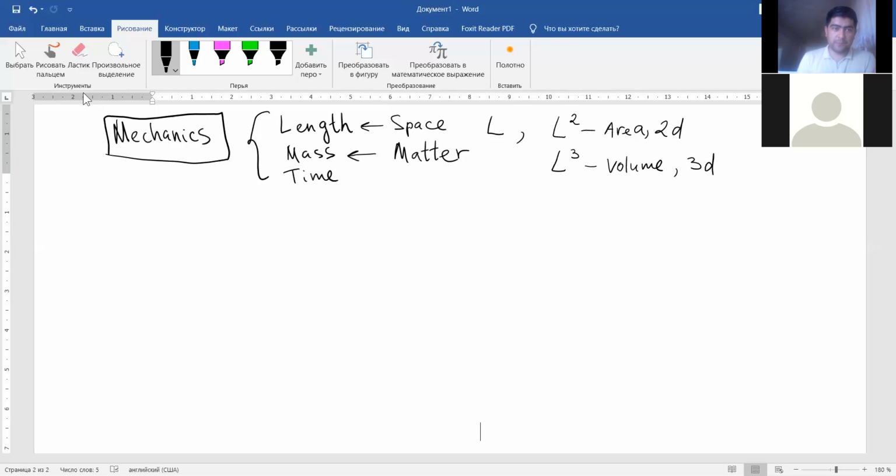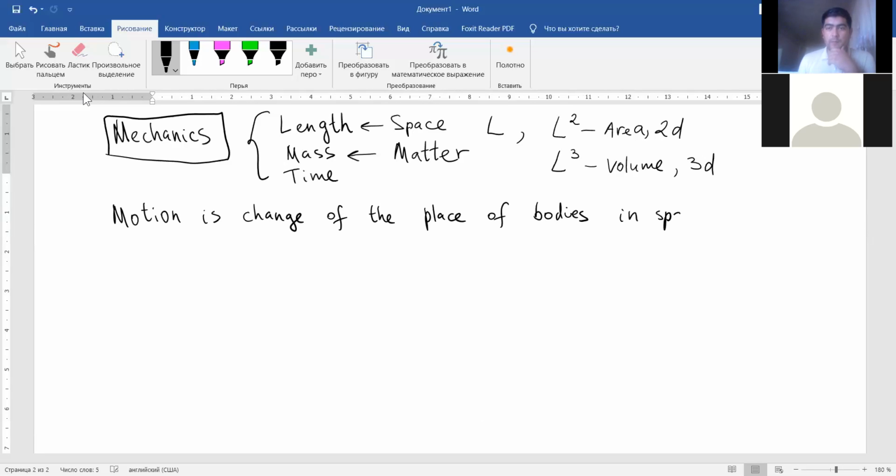Motion is the change of the place of bodies in space with respect to other bodies. This is called motion with time.